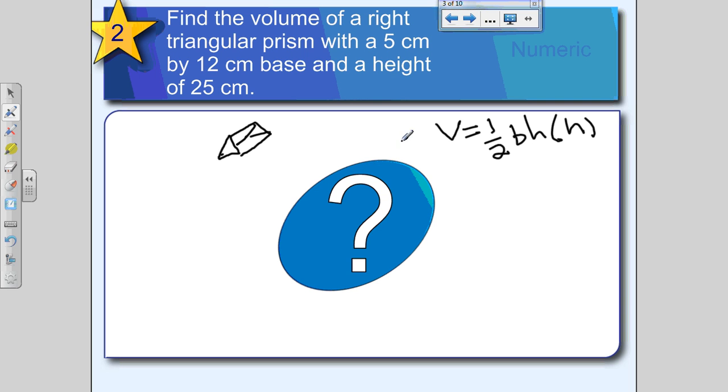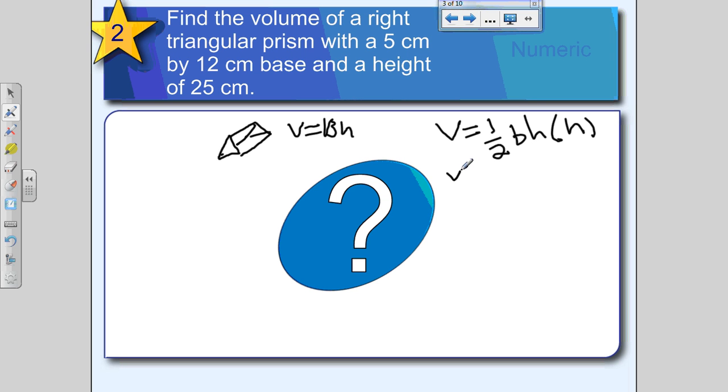We're going to find the area of our base first, with 5 and 12 for the triangle base and a height of 25. The area of the base is 1/2 base times height, and most of the time you'll see big B times the height, where big B just means the area of the base.